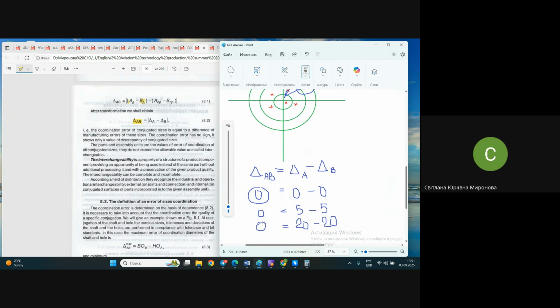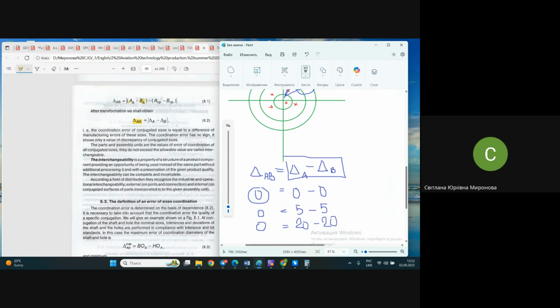So what we should strive to do is reduce the error of partial objects, of individual objects. We should provide all the possible ways to reduce differences between these objects in terms of increasing their assemblability.